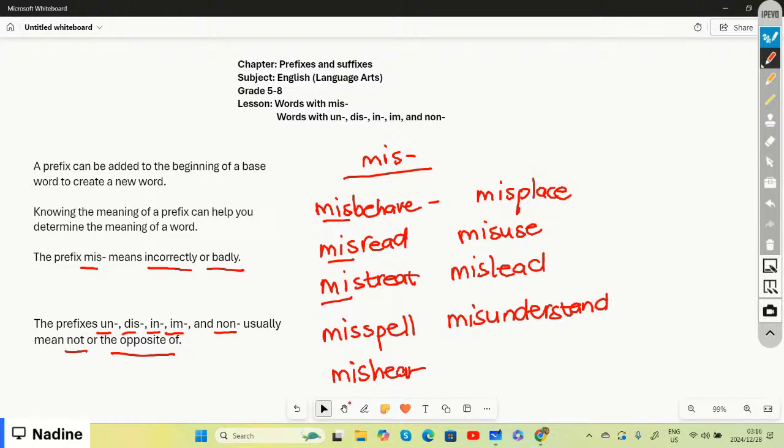These are examples of words with the prefix mis. And we say that the meaning of the prefix mis is either incorrectly, or badly, or wrongly.